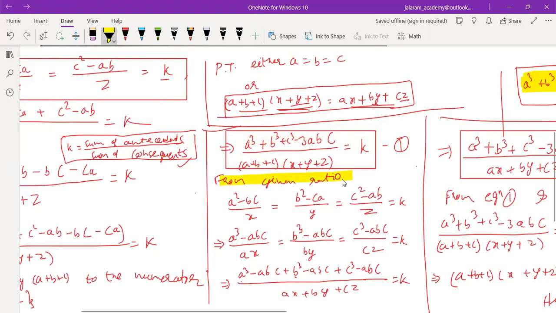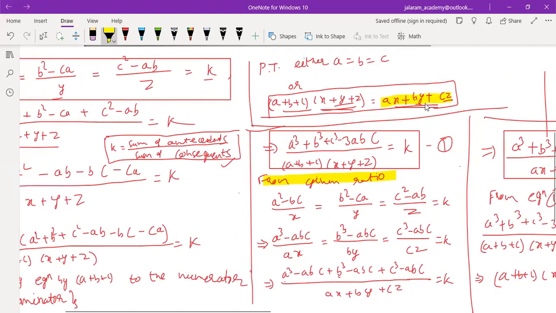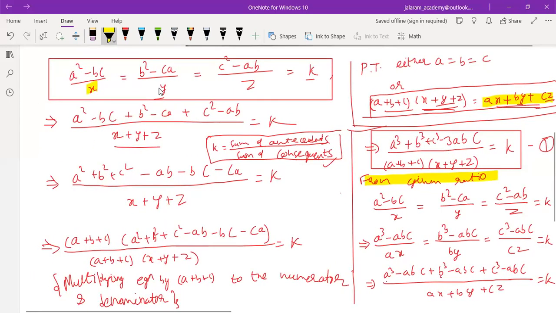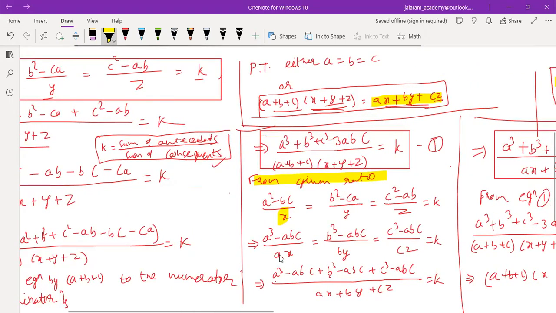And from the given ratio again, we have to bring in the right-hand side ax + by + cz. Denominator is x, y and z. So how to bring a in the denominator? If you multiply the numerator and denominator both of the first ratio with a, it gives ax as the denominator, and numerator (a² − bc) times a becomes a³ − abc.